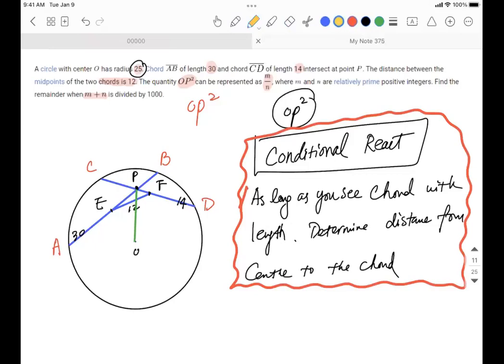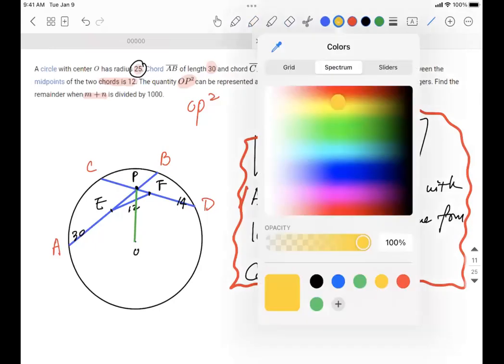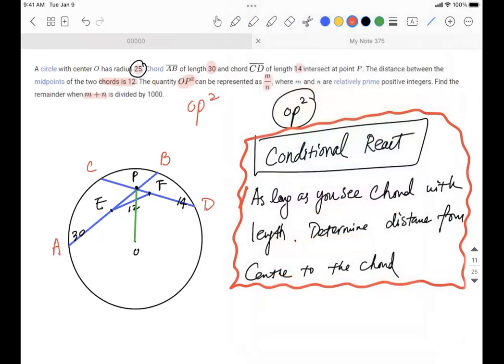How can I do that? Now this is easy. I'm gonna use maybe color red, okay? So how can I determine the distance? I'm just going to do a connection. As long as you connect the circle center to the mid of the chord, you will automatically have this is 90 degrees, this is 90 degrees, right? This is what I talked about in our lecture, the first thing.